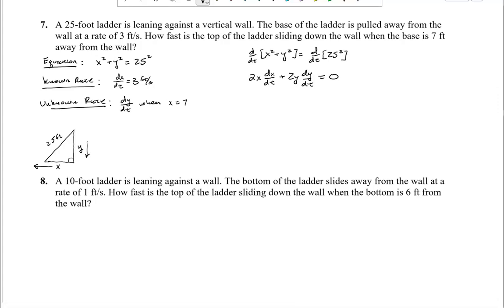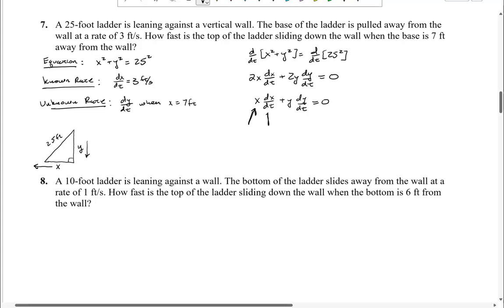We can multiply everything by a half. Now, we have a value to plug in for x, right? The 7 feet right there. We've got dx/dt at 3 feet per second. We're looking for dy/dt, but we don't have y. We want to know what y is when x is 7. In other words, we want a y value here.